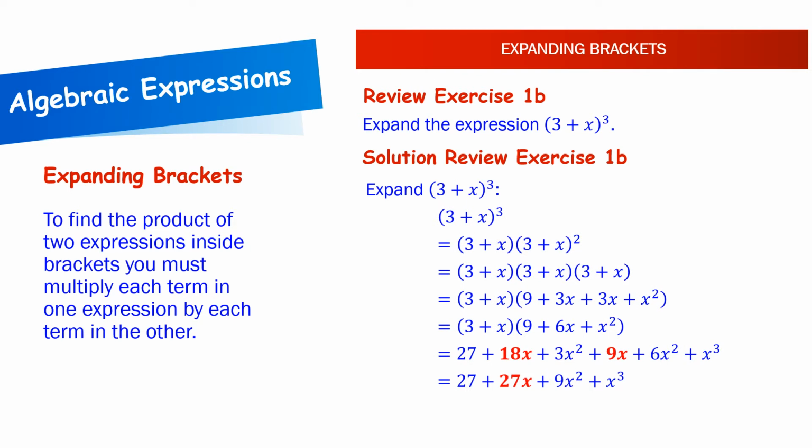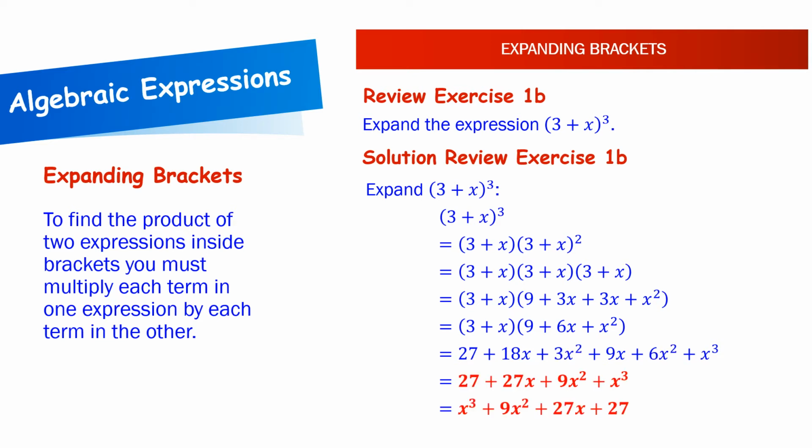We can now tidy up. So 18x plus 9x is 27x, and 3x squared plus 6x squared is 9x squared. And finally, we reorder so that the highest power of x comes first. So we have x cubed plus 9x squared plus 27x plus 27.